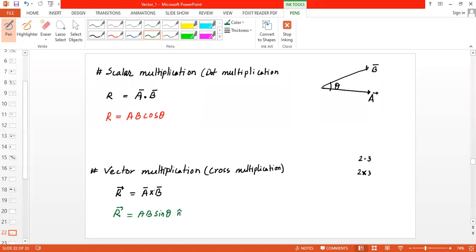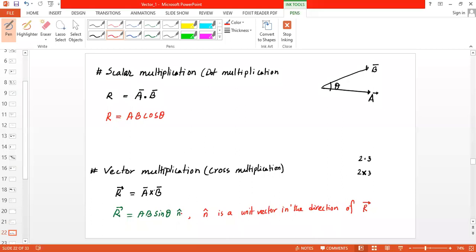What is n? n is a unit vector in the direction of R. So n has a magnitude of 1. So this will not change the magnitude of the vector, but it will give a direction. This direction is along the direction of R.